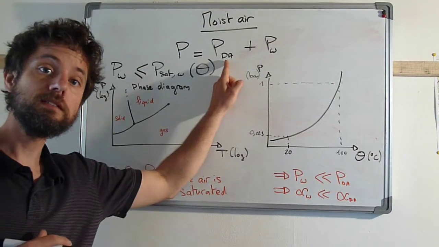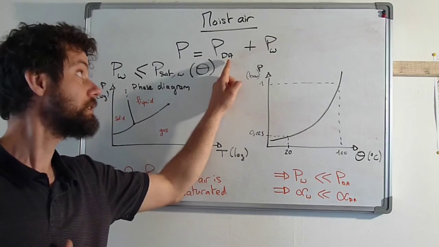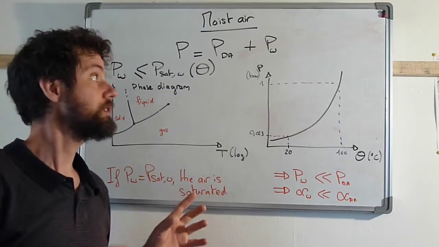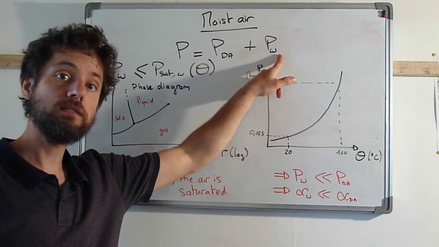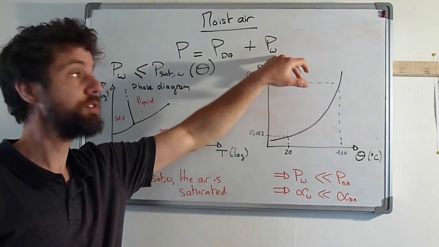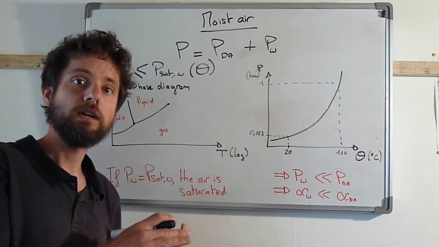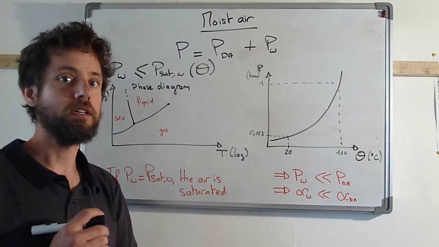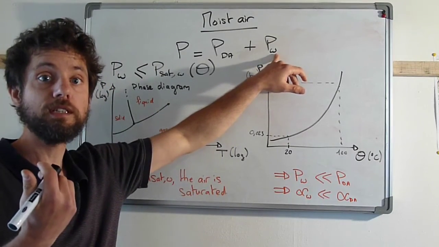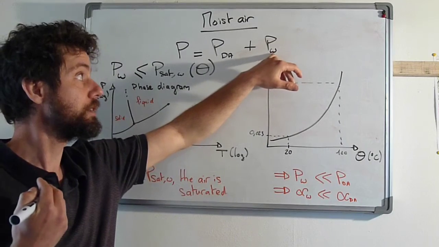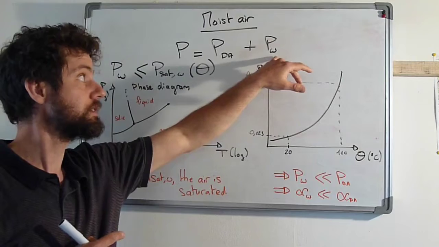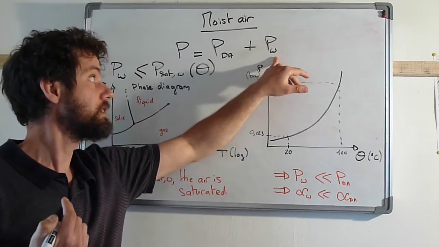For dry air, this is due to the fact that the gases from dry air are very far from saturation conditions, and for water, this is due to the fact that the partial pressure of water is very low compared to the critical pressure of water. As water is very far from the critical point, even though the water vapor is quite close to condensation conditions, it still behaves like an ideal gas.